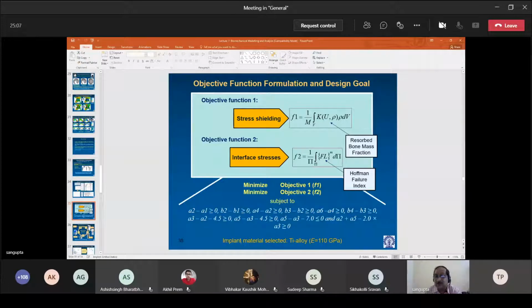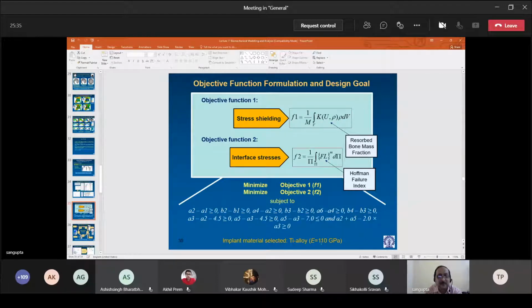Now we started this optimization procedure considering only one material. So we are not optimizing on the implant material. We are optimizing on the dimension, 3-dimensional shape optimization only. So we keep the material, titanium alloy, which is basically the material of the hip prosthesis, constant.